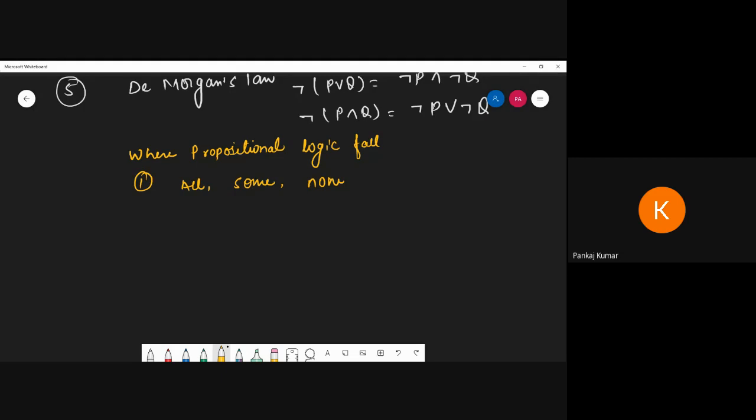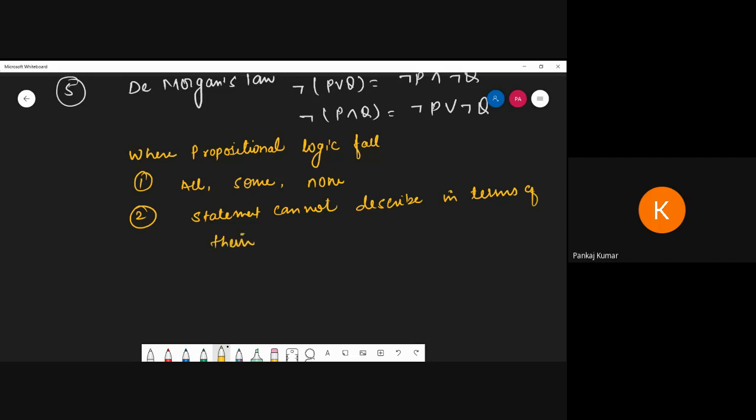Statements cannot be described in terms of their properties. What are the properties?